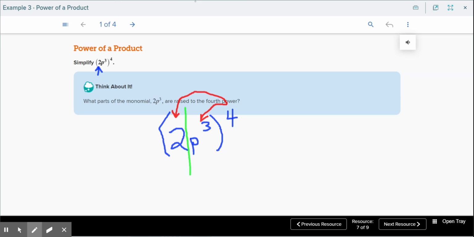So that outside exponent goes to everything inside of these parentheses. So I'm going to break this into two pieces here. So we have our coefficient becomes 2 to the fourth power. And then we have p to the third.